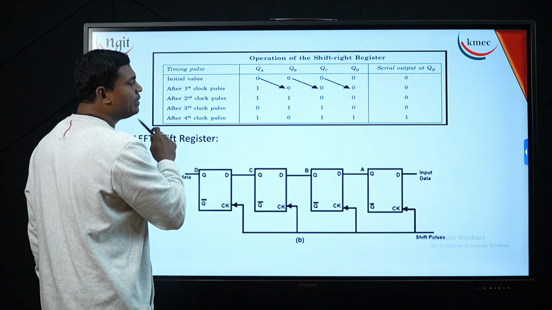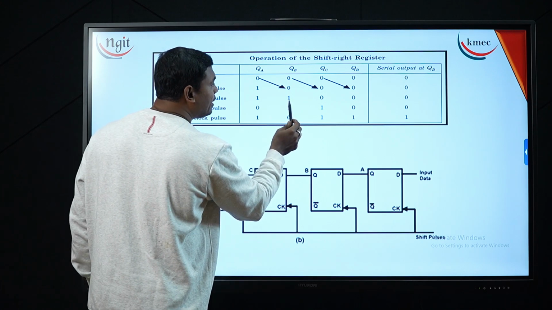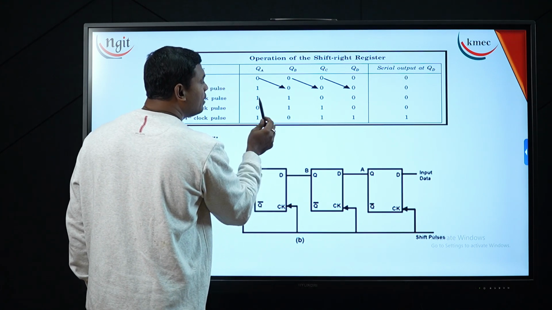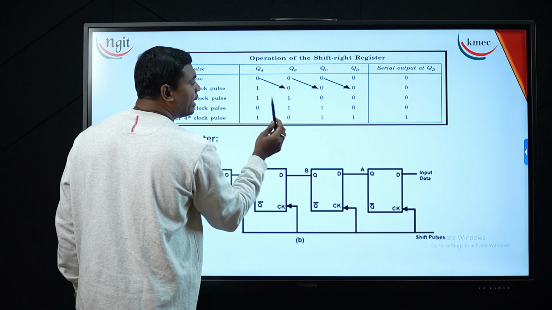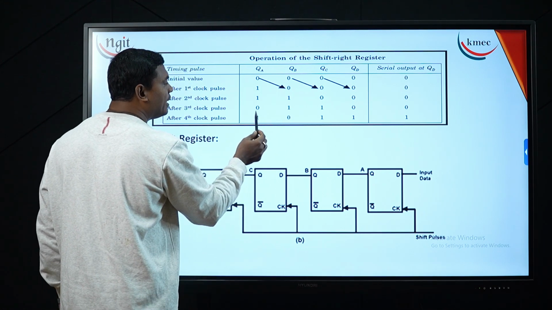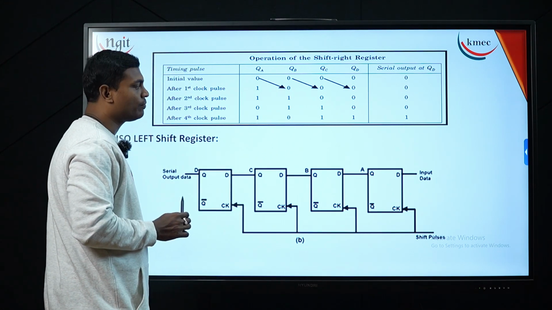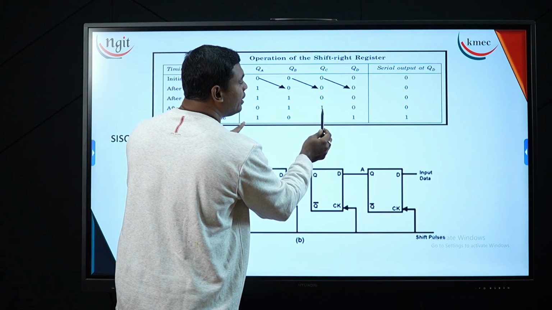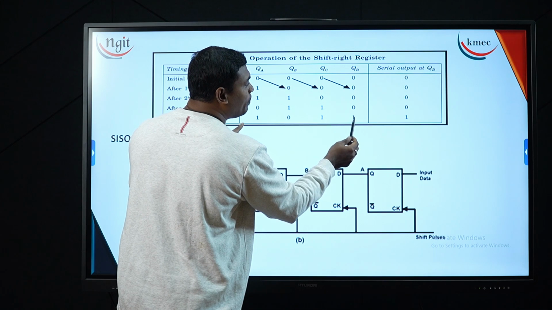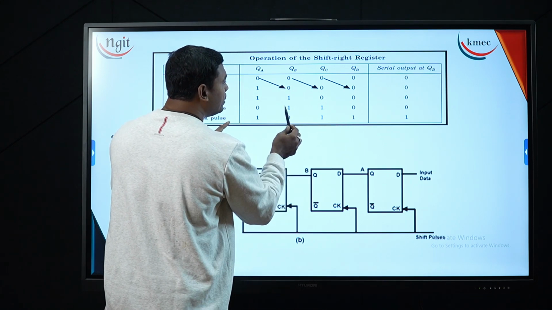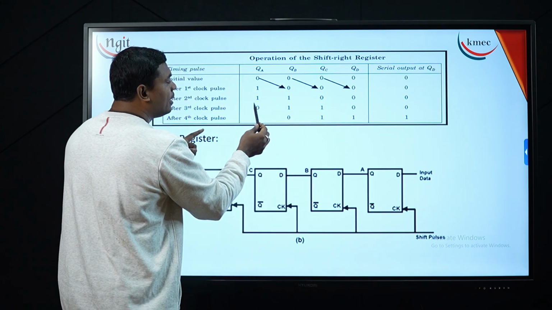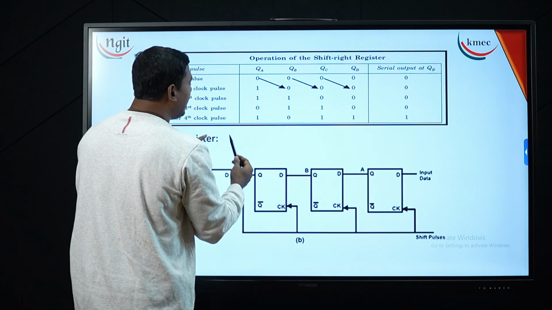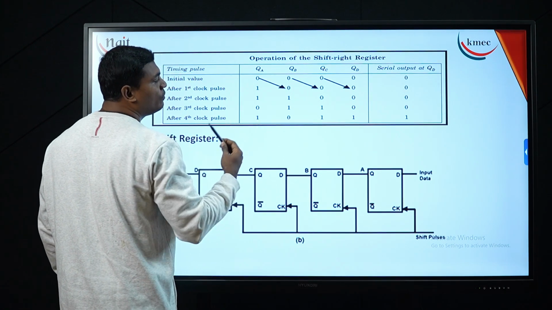On the third clock pulse, my value on the second flip-flop will move on to the third, the first flip-flop will move on to the second flip-flop, and a new value comes and exists on my first flip-flop. On the fourth clock pulse, the third will appear as an input for my fourth, the second will appear on my third, the first will appear on my second, and a new data will appear on my first.